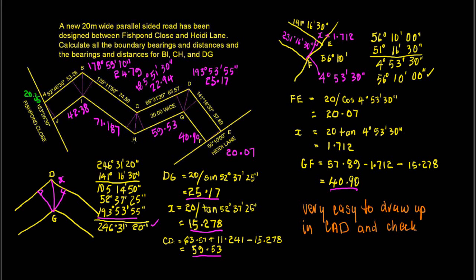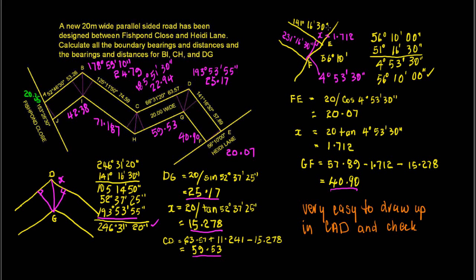So that enables us to work out HG, which of course is going to be CD, plus this little bit here, which was from the previous page, 11.241, and minus this little bit that we've calculated here, 15.278, gives us 59.53.